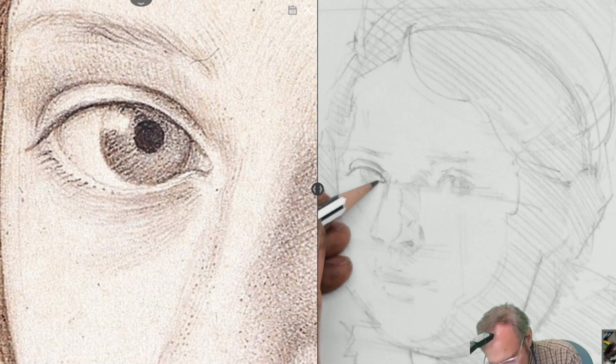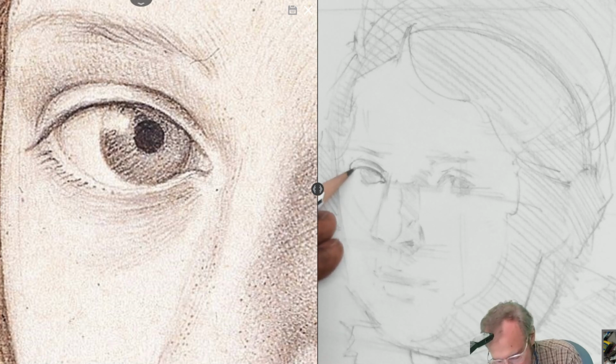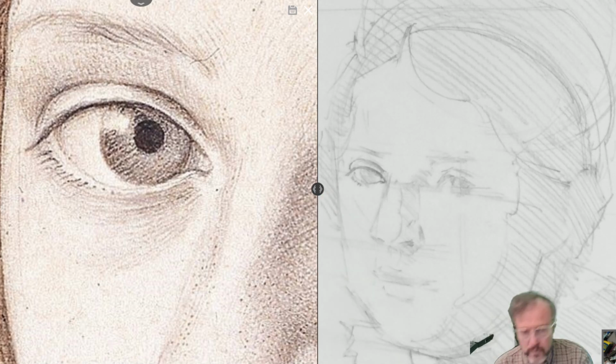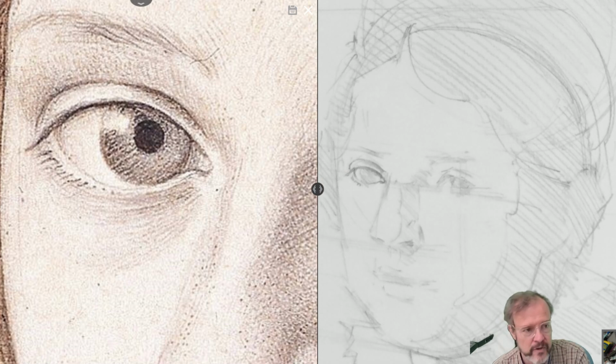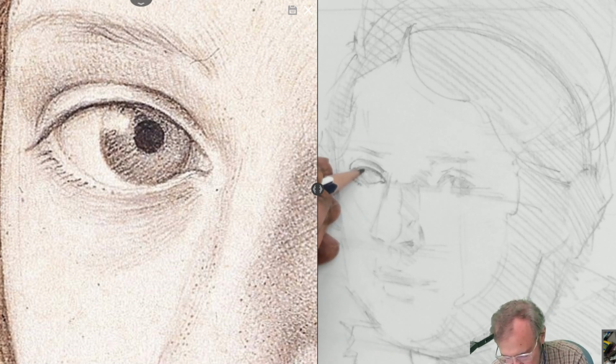So notice here's this very faint line where the eyelid ends, and then a slightly darker line where the lower lashes are. There's always need to give a sense of this surface, and that's the main reason student drawings often look so ridiculous, is because that surface isn't portrayed at all.